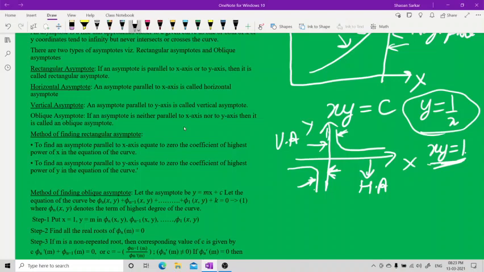That means this y-axis is the vertical asymptote. Similarly, this curve here and the curve here will touch this x-axis at infinity. Means it will never touch the x-axis. That means this x-axis will become parallel to this curve here also and here also. So the x-axis is the horizontal asymptote.